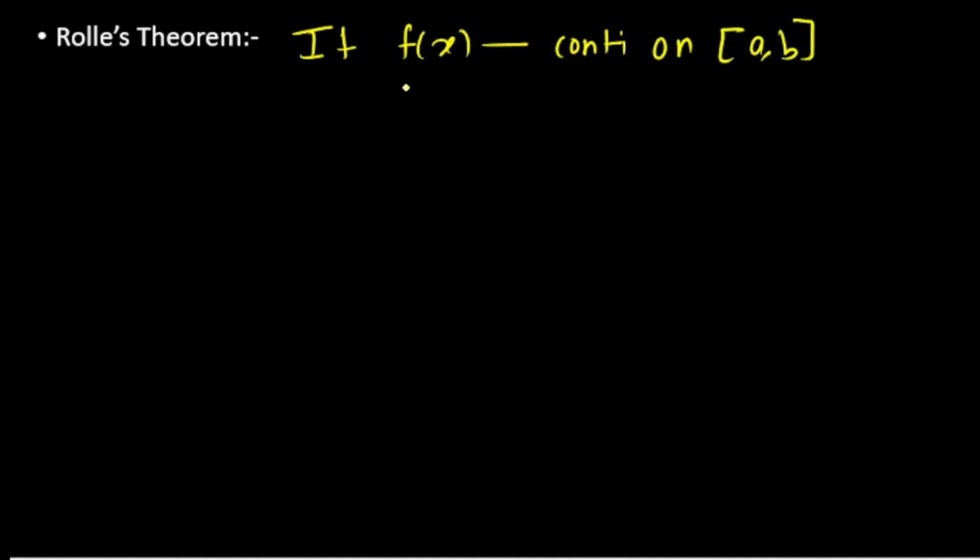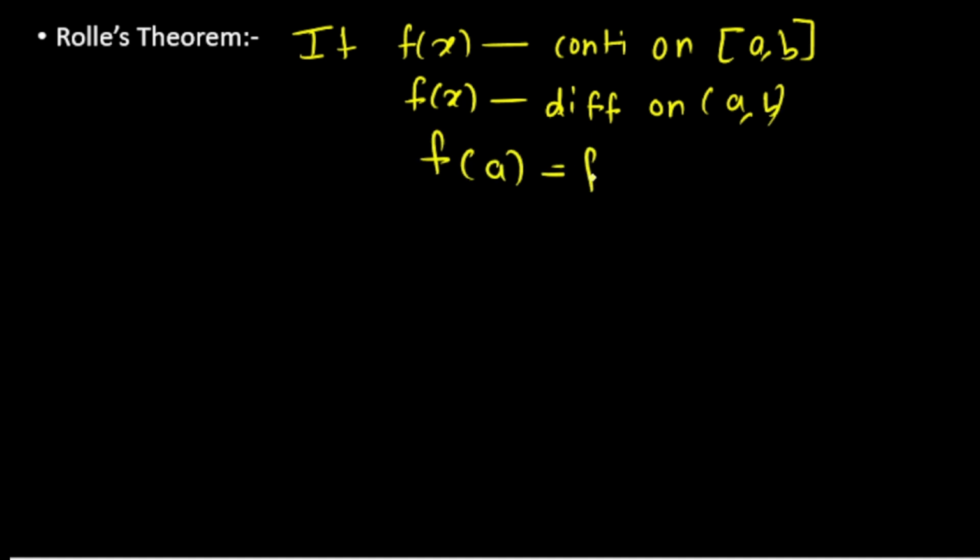Now Rolle's theorem. If f of x is continuous on a comma b, and f of x is differentiable on a comma b, then f of a is equivalent to f of b.